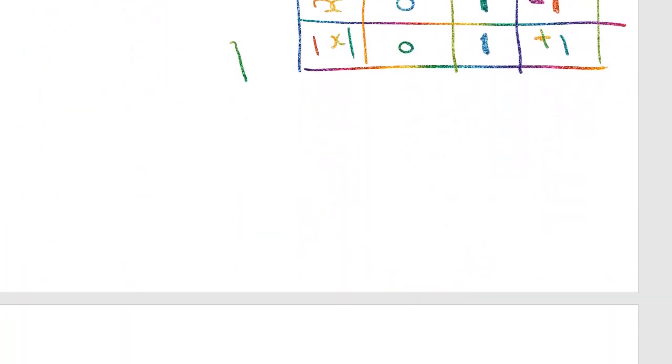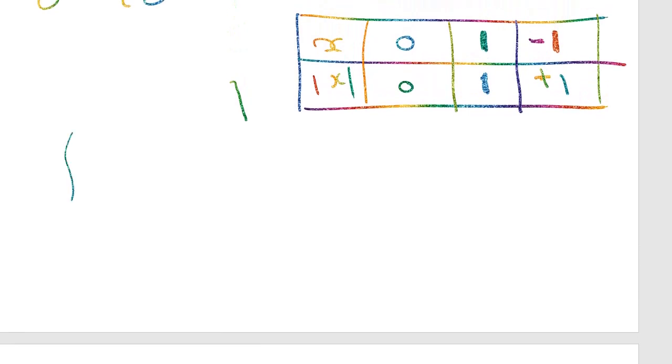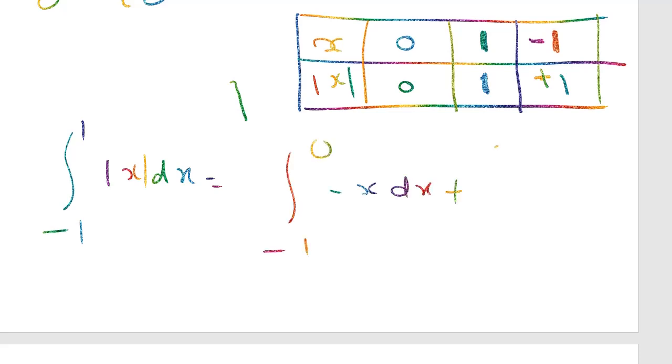So the integral from -1 to 1 of mod x dx is equal to the integral from -1 to 0 of minus x dx, plus the integral from 0 to 1 of plus x dx.